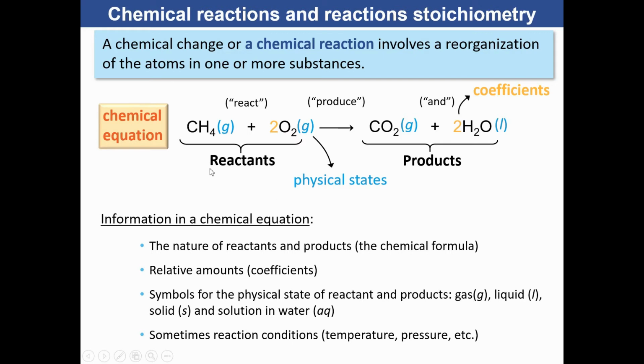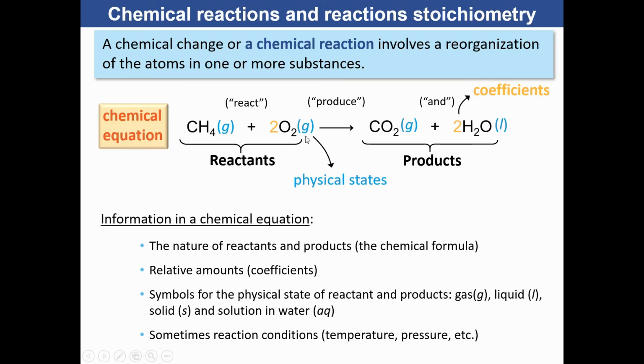For example, here we have a balanced chemical equation, and from this equation we will be able to learn some information. We can know the nature of the reactants and the products, and we will be able to know the relative amounts, that is the coefficients, like here and here. We can also understand from the equation the physical states of reactants and products.